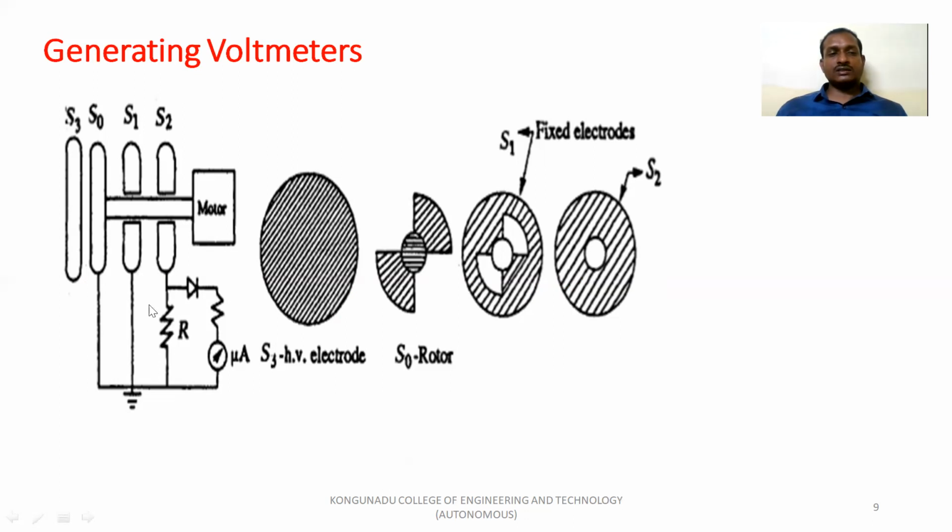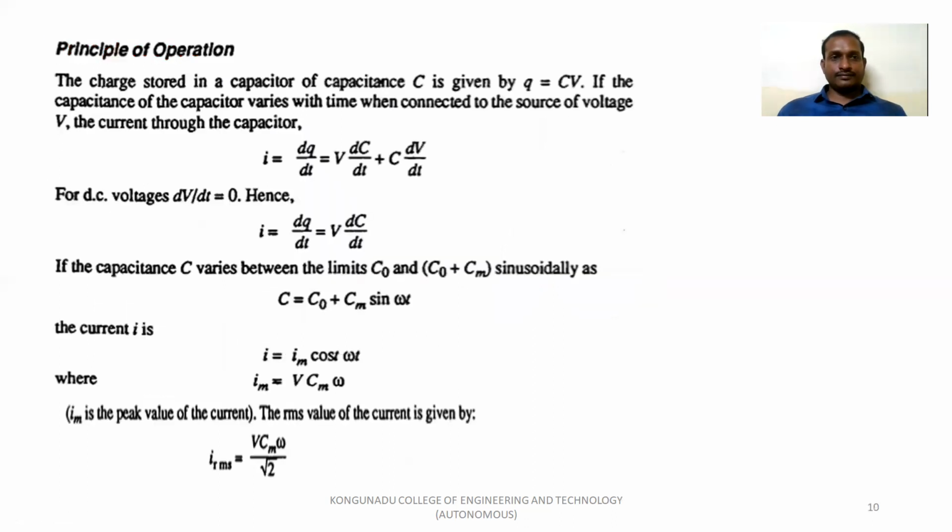This AC current is rectified to DC with the help of a rectifier and diode arrangement, and finally we measure the current in a microammeter. S3 is the high voltage terminal. This is the constructional diagram of the generating voltmeter.